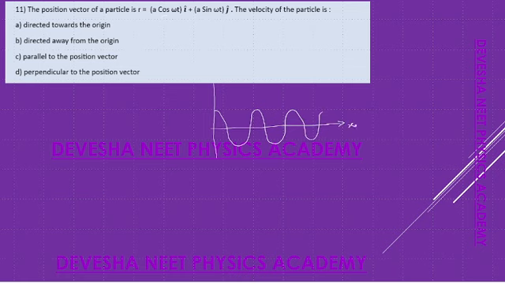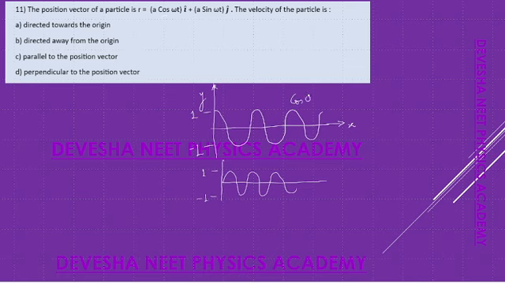In the x direction, this is the y axis. So cos is something like this. And how is the sine function? This is only for the x direction; similarly, we can have it for the y direction also. What is the maximum value? This is 1, this is minus 1. Here also the maximum value is 1 and this is minus 1.